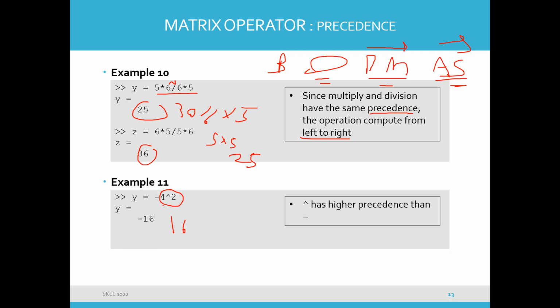So basically, this one is -1 multiplied by 4 power of 2. So you have to solve the power of first. If it has a bracket, solve the bracket first, and then you do that. So B first, then O, and then DM, which have the same level, and then AS. Make sure you know this.